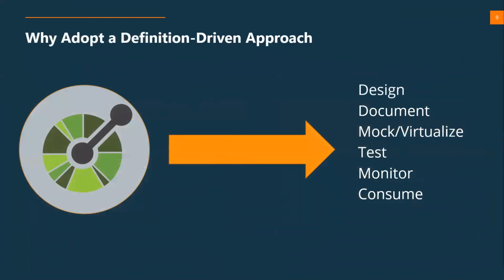So think about it, allowing you to do all of that within one specific set of rules based on the OpenAPI specification, making sure that you can have that RESTful API, design it using the Swagger tools, document it using the Swagger tools, run your general mock within Swagger, and then virtualize within the ServiceV tool that we'll talk about in a bit more detail, test using the likes of SoapUI Pro, monitor using the likes of AlertSite, and then consume using the likes of Virt Server for the consumable piece as part of Ready API.